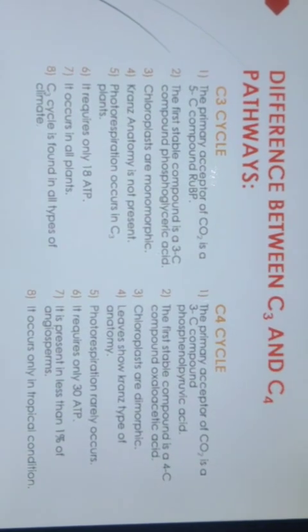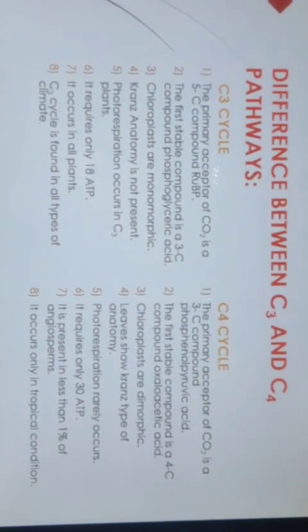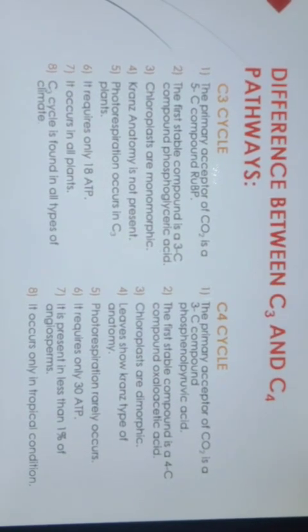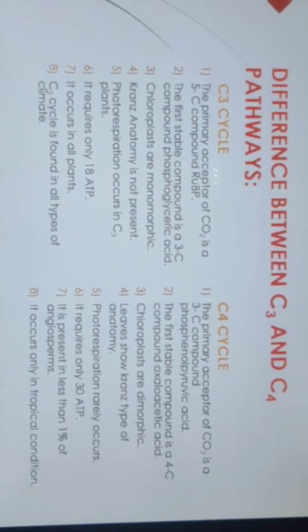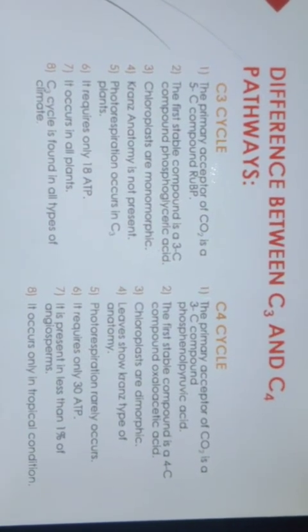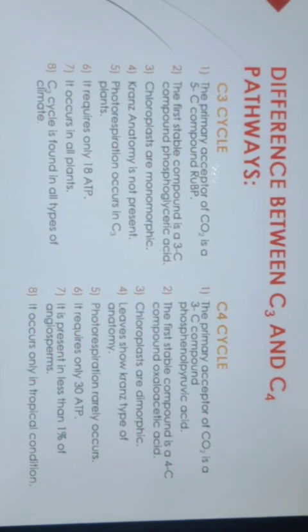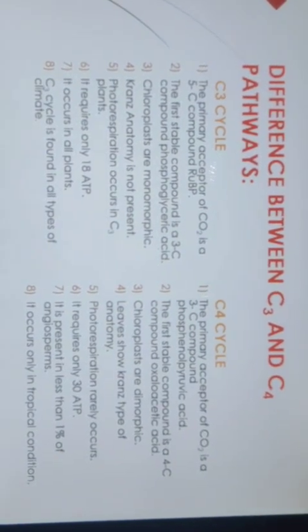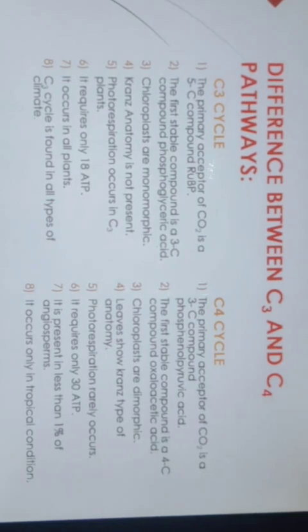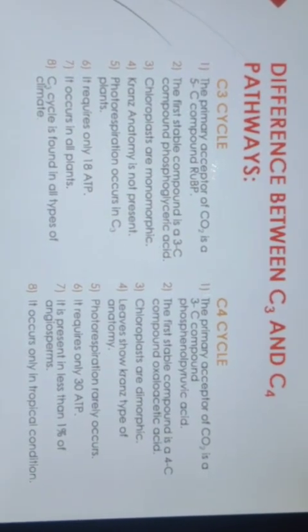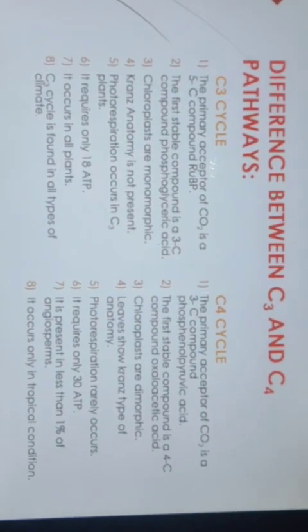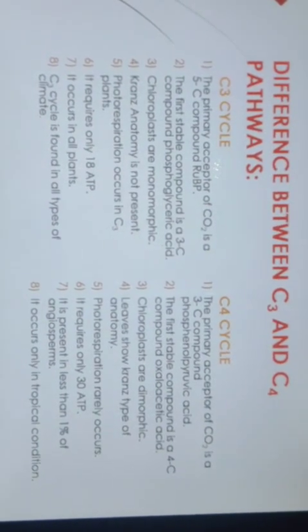But in the C4 cycle, leaves show a special type of anatomy, that is Kranz anatomy, which is present only and only in C4 plants. Now photorespiration occurs only and only in C3 plants, whereas photorespiration rarely occurs in the C4 cycle. That means photorespiration is absent in the C4 cycle.